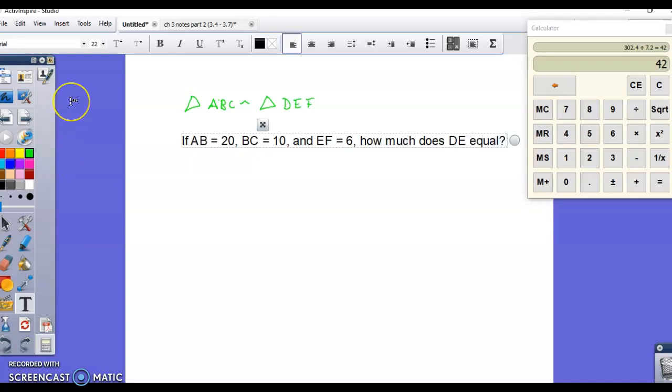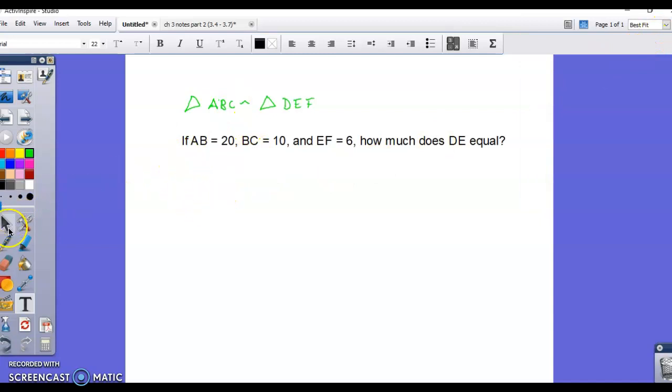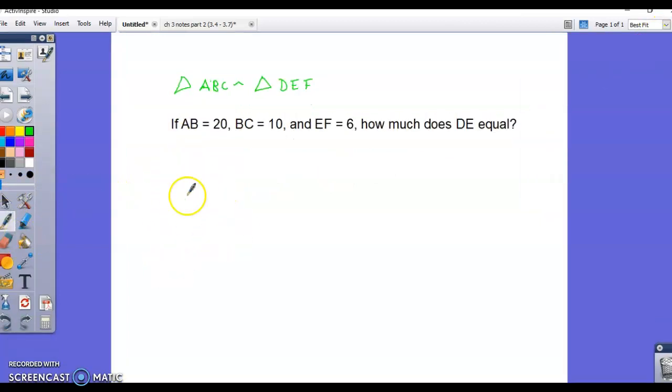All right, so let's draw this out as a triangle. So the first thing we talked about was how to label our triangles. So if I just draw any shape of a triangle, it doesn't matter, right triangle, whatever. So here's a triangle. I'm going to label this A, B, C. All right, I'm going to draw my second triangle. That's similar. I'm going to label the D in the same spot as the A, and so on, right?